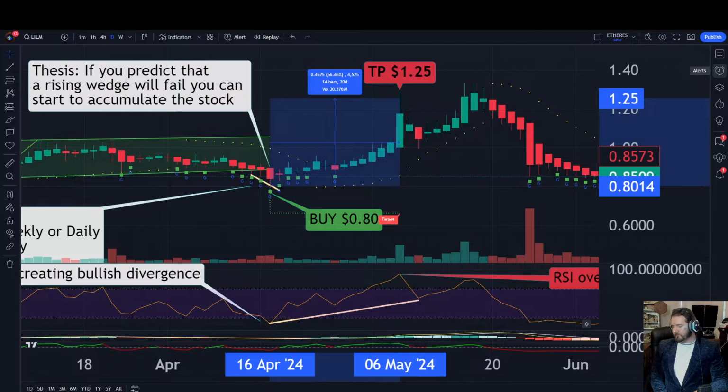Let me throw this in chart channel real quick. All right. And there's a good gentleman in the Discord named Rob Coy that brought to my attention Lilium back when it was a little bit cheaper.